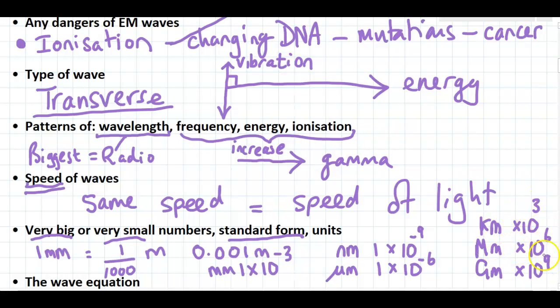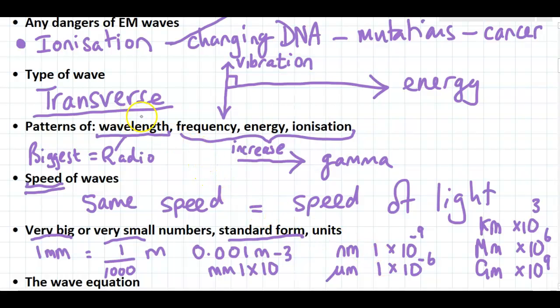So 3 and a 6 and a 9, and a minus 3 and a minus 6 and a minus 9, those are our kind of units that help us to write very big or very small numbers without putting loads and loads of zeros, or loads and loads of zeros after the decimal point in. Hopefully in maths you've done some work on writing big and small numbers like this.